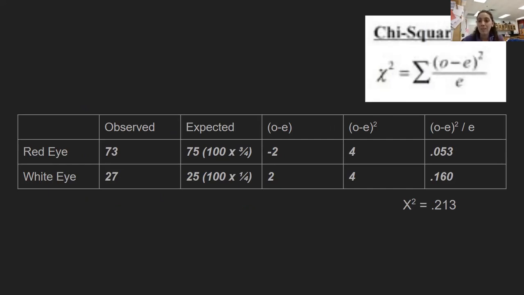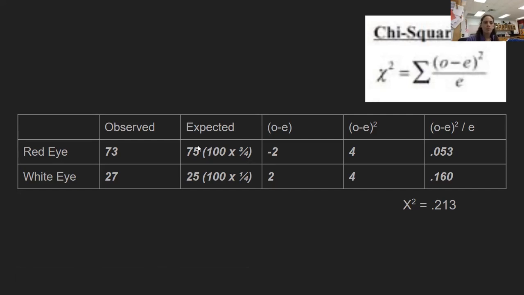As far as our expected goes, out of the 100 offspring, I multiplied the 100 offspring by the fraction that we get from our ratio. So our 3-to-1 ratio, that means that we have 3 out of 4 possible outcomes. So 100 times 3 out of 4 gave me that 75.